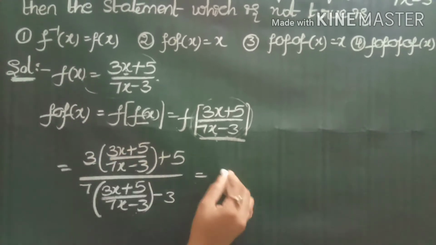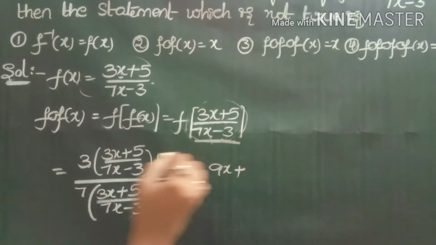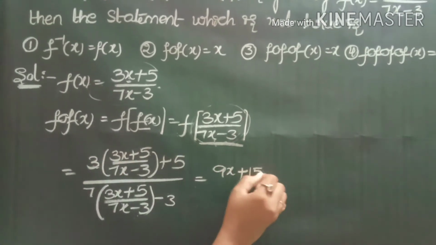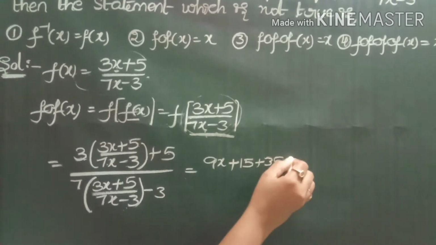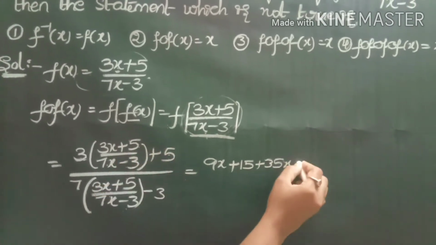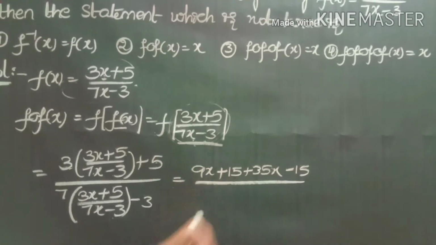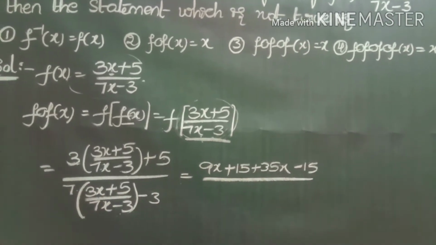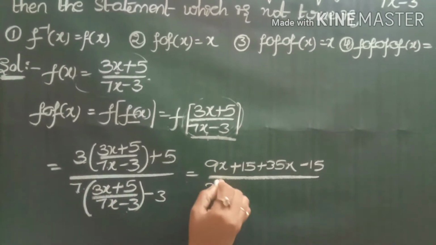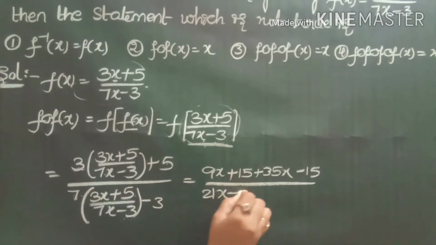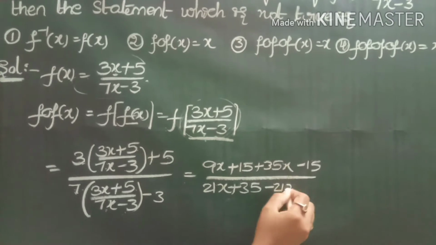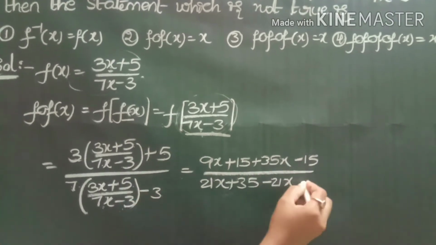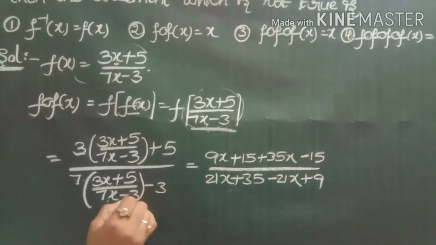So first value 3 into 3x is 9x, plus 3 into 5 is 15, 5 into 7x is 35x, 5 into minus 3 is minus 15, whole by, now here also we are taking the numerator value only, that is 7 into 3x is 21x, 7 into 5 is 35, minus 3 into 7x is minus 21x, minus of minus 3 into minus 3, plus 9.